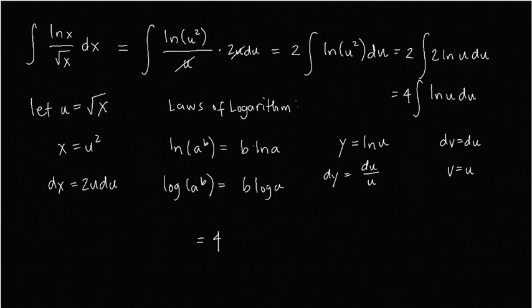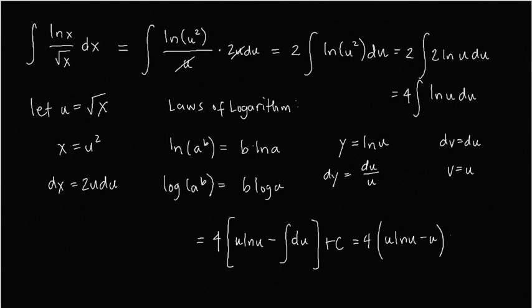We have 4 times, okay, y v, integration by parts, no? So this is u ln of u minus the integral of v dy, which is u times du over u. This will leave us only du plus c. So we have 4 times u ln of u minus u plus c.